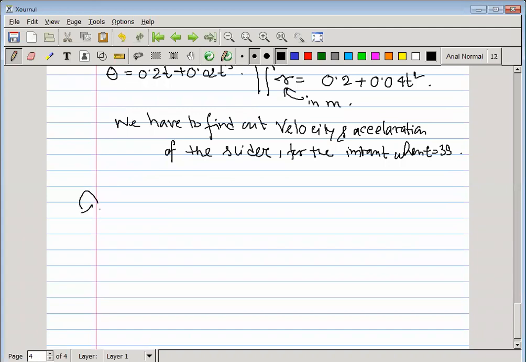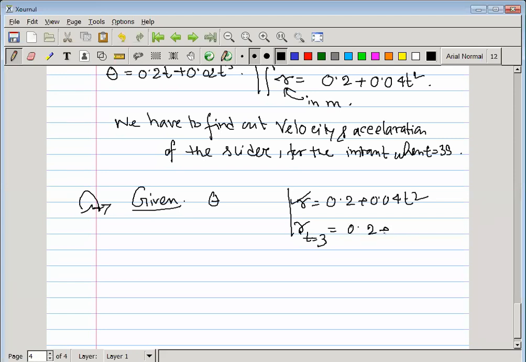To solve this, first we have to find out the given things. One is theta, another one is r. So r is 0.2 plus 0.04t square. At time t equal to 3, r is 0.2 plus 0.04 into 3 square.